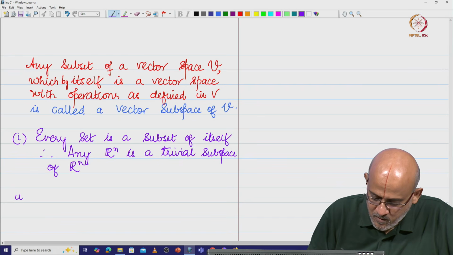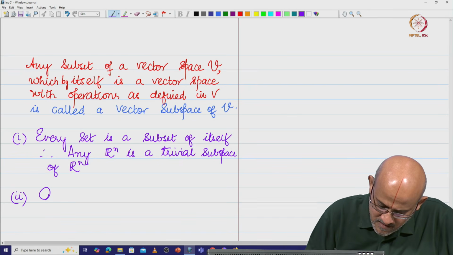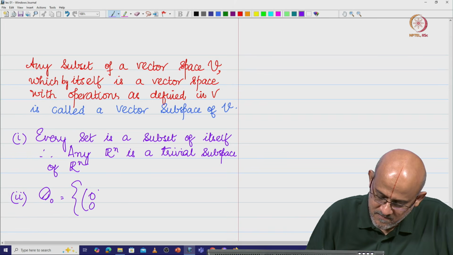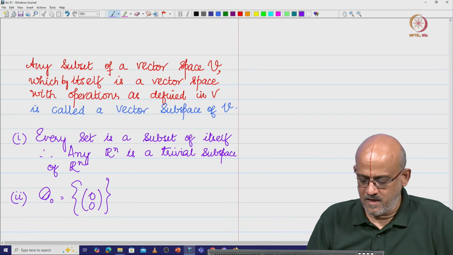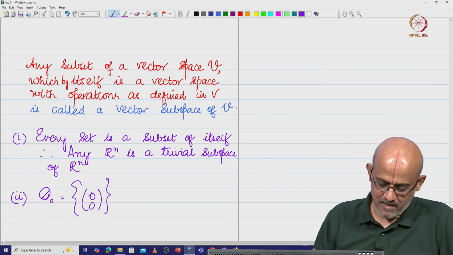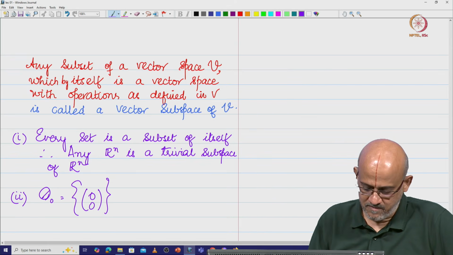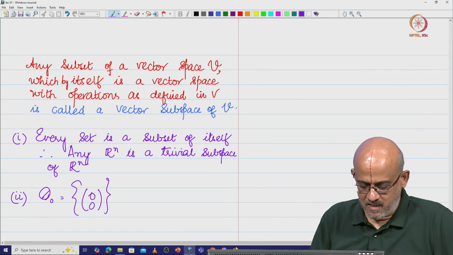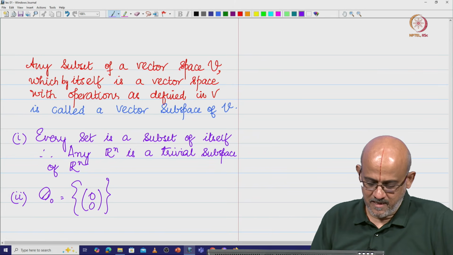Let us look at the second one. Consider this set which I will just call theta naught, which just contains the origin. At least I am looking at R2, but you can look at the origin in Rn, the 0 vector in Rn, not an issue. I am going to consider this subset theta naught.